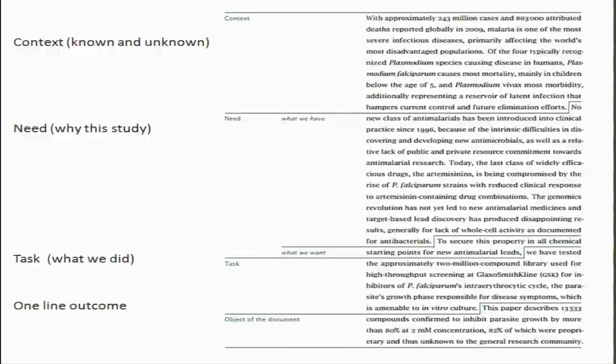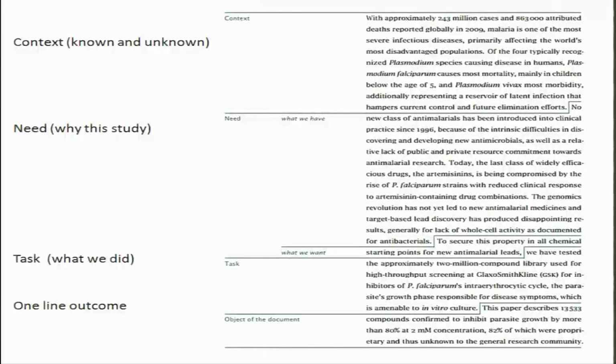Of the 4 typically recognized species, they are talking about falciparum, and that there are different species that infect. There is a reservoir of latent infection, and therefore it hampers the way you develop drugs that can eliminate it and take care of future efforts. So, they are saying what the challenge is, and now saying why this study is required. That is where they say no new class of anti-malarials has been introduced into clinical practice since 1996.